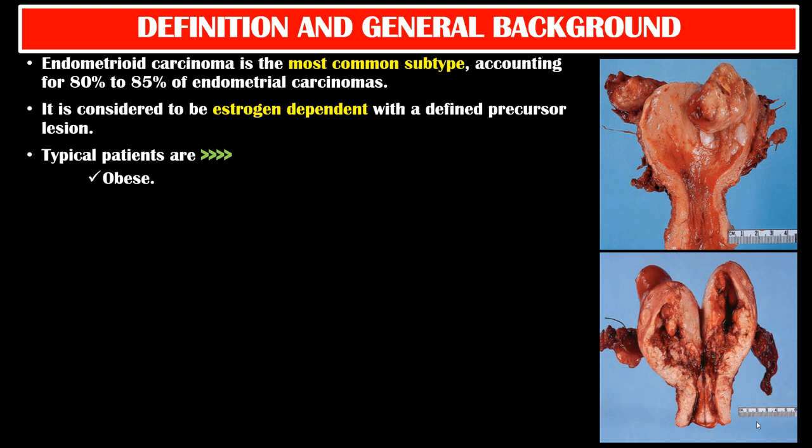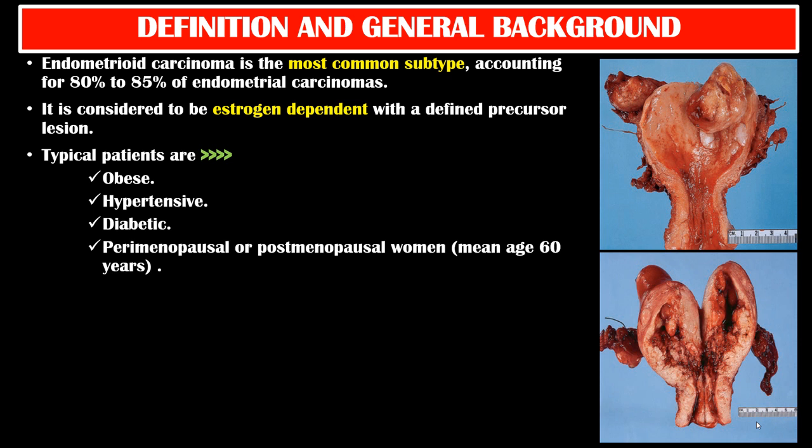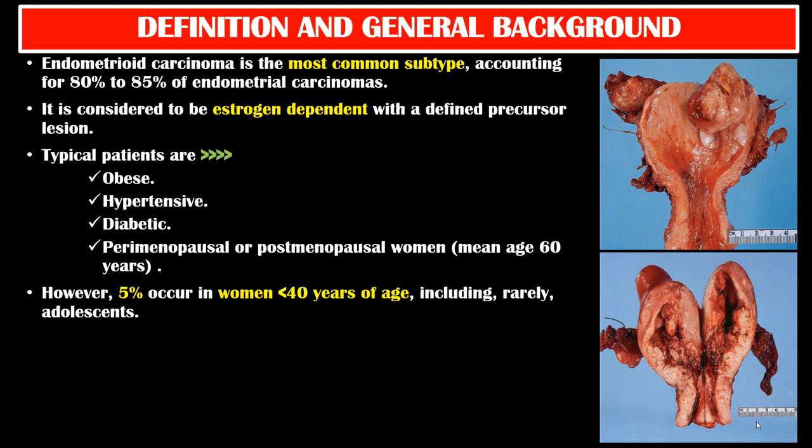Typical patients are obese, hypertensive, diabetic, perimenopausal or postmenopausal women, mean age 60 years. However, 5% occur in women less than 40 years of age, including rarely adolescents.